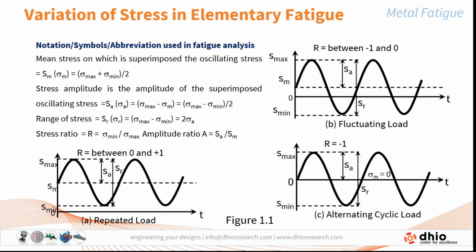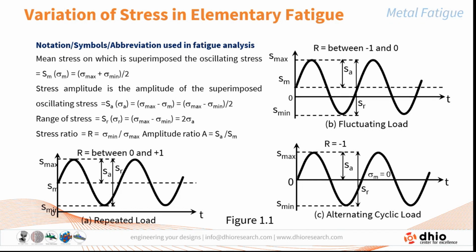Now, to differentiate from the fatigue analysis parameters, in fatigue we represent the stress in terms of S. Here, we define the mean stress, on which the oscillating stresses are superposed, SM, which represents sigma mean, which is nothing but the average of the sum of the maximum and the minimum stress.